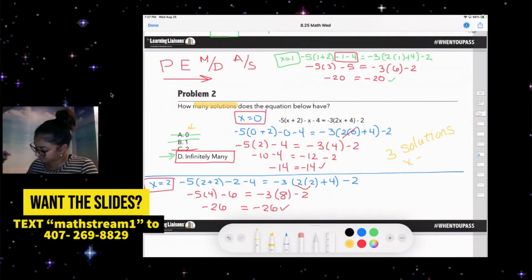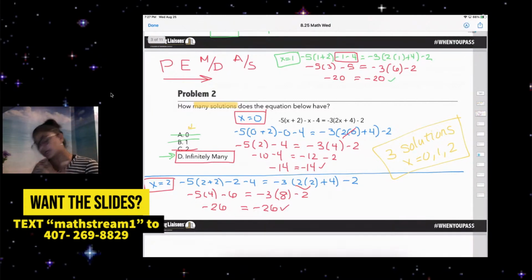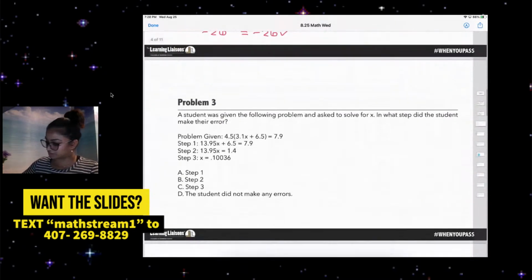We have x is equal to 0, 1, and 2. We have 3 solutions, and 3 is more than any number that they gave us, and the only answer that fits is infinitely many. All right? I hope that's not too much of a doozy for you. Yeah, it's quite a bit of a couple steps, but sometimes it's worth doing the work.